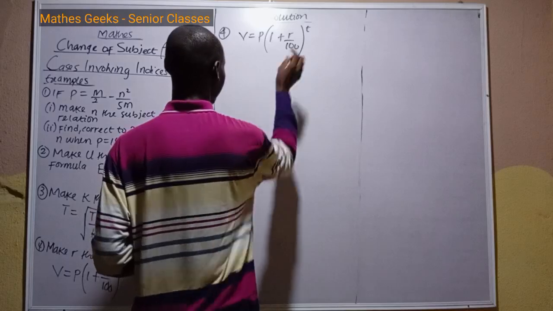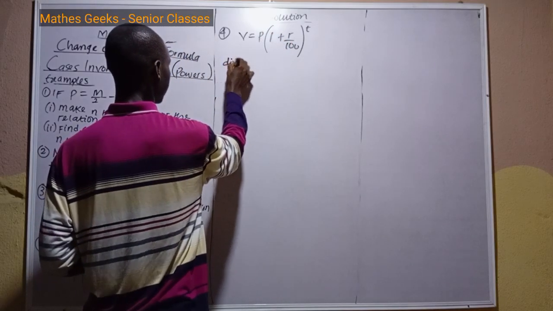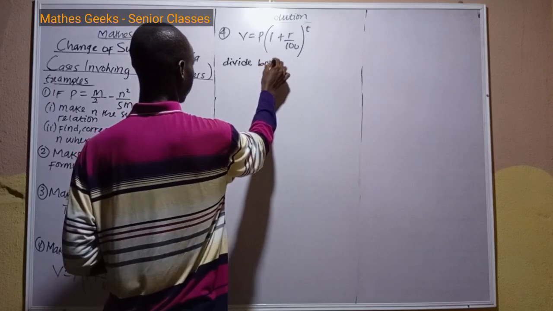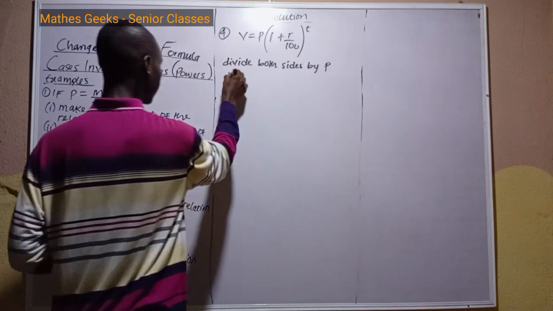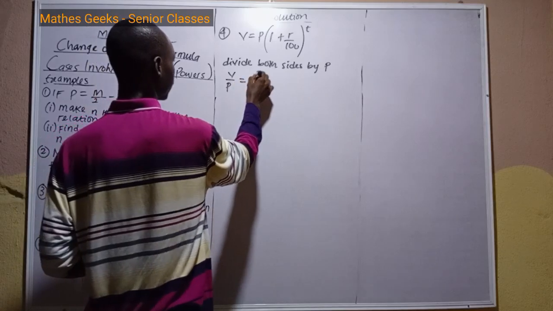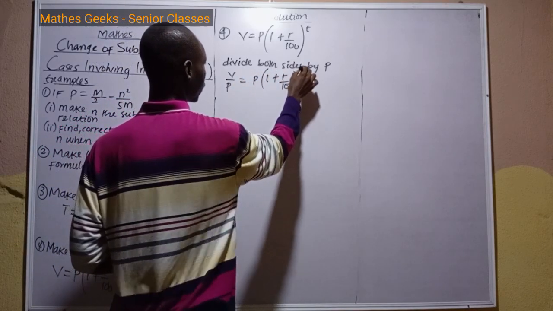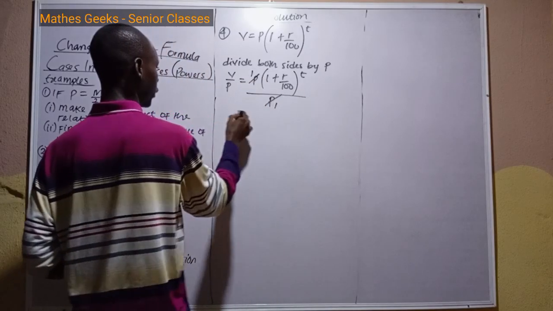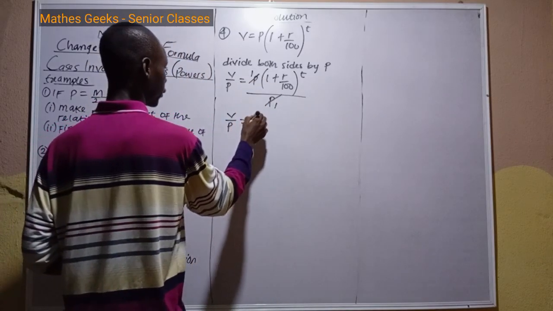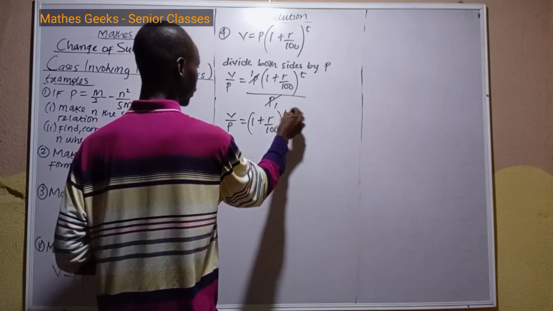For us to do that, first of all, we need to eliminate P. So divide both sides by P. So V over P is equal to P (1 plus R over 100) to the power T over P. P cancels P. So V over P is equal to (1 plus R over 100) raised to T.